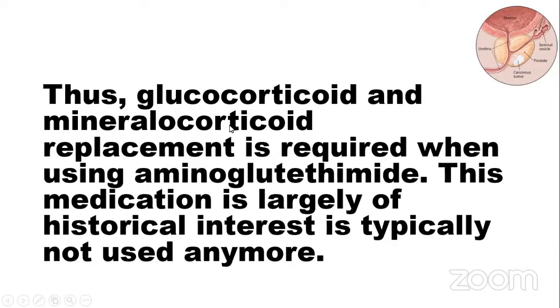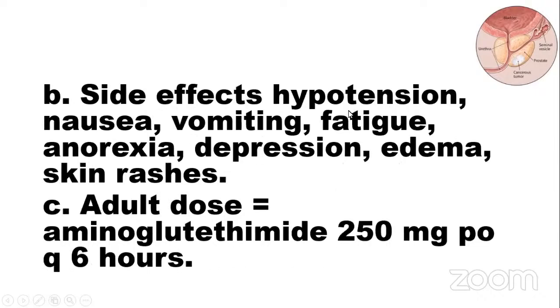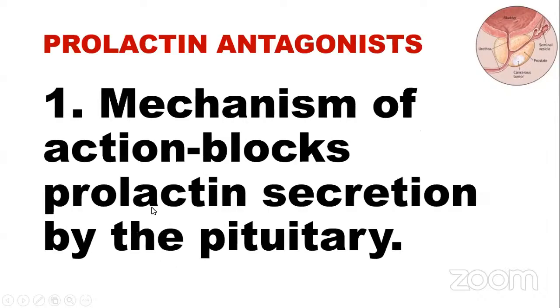Thus, glucocorticoid and mineralocorticoid replacement is required when using aminoglutethimide. This medication is largely of historical interest and is typically not used anymore. Side effects: hypotension, nausea, vomiting, fatigue, anorexia, depression, edema, skin rash. Adult dose of aminoglutethimide is 250 milligram per oral every 6 hours.